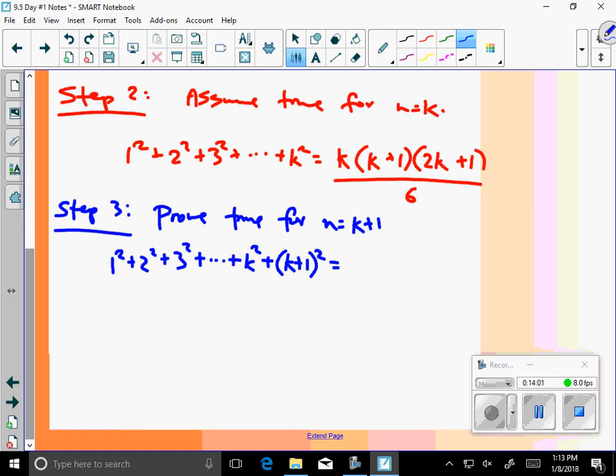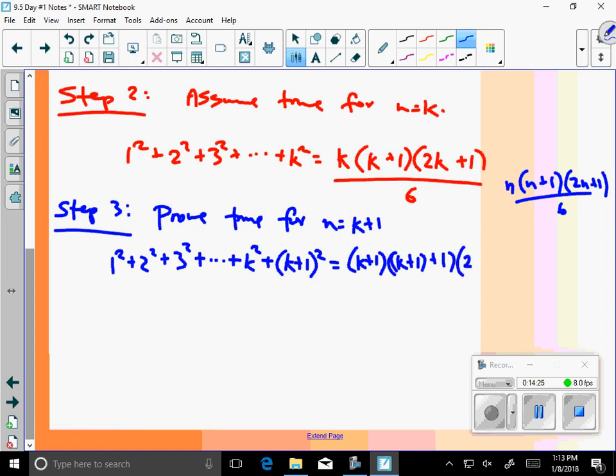On the right side, this is about to get gross. So it was n times n plus 1 times 2n plus 1 over 6. We're going to plug in a k plus 1 for n. k plus 1, that'll be k plus 1 plus 1.